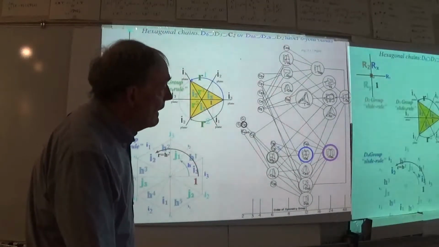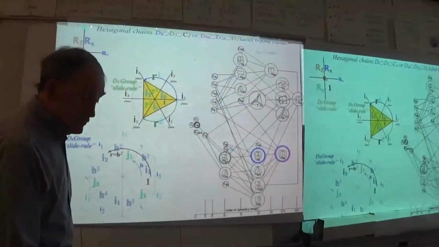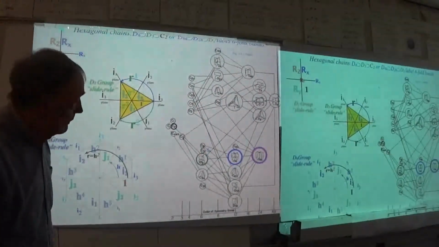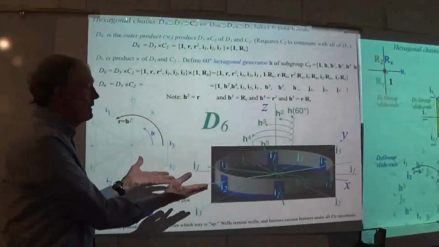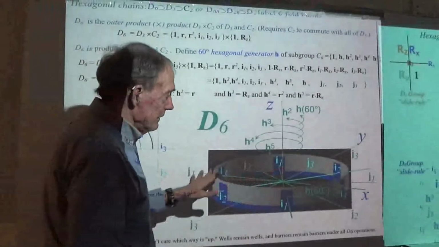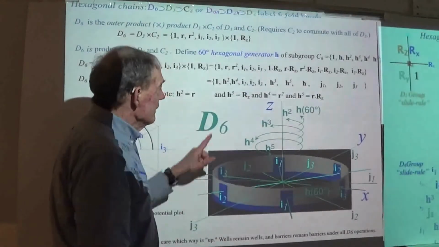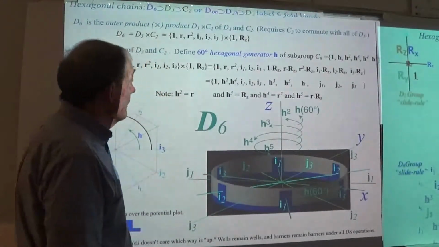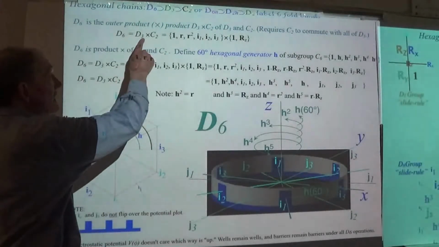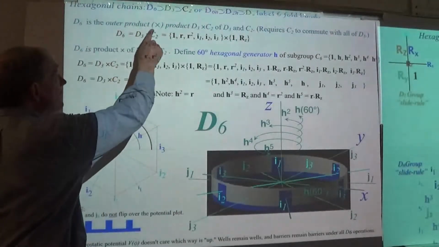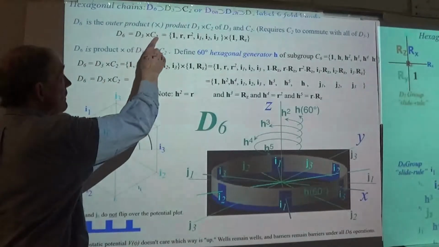So I will back this one up to the slide rules and bring this one forward to the actual picture of a potential in a plane that contains symmetry D6. Now the question is, how do you make D6? I've already said that it's defined as the outer product of D3 with C2.